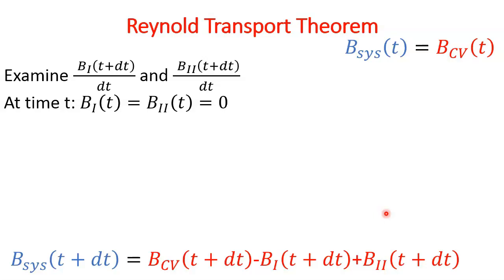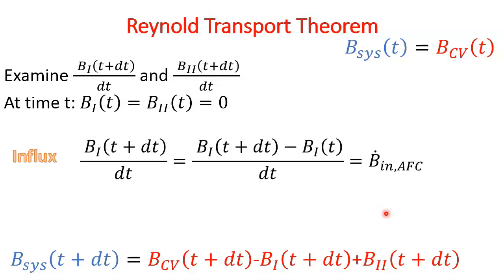However, at the earlier time there was no region 1 and region 2. Therefore, B1 of t and B2 of t is equal to 0. This identity also we are going to use.